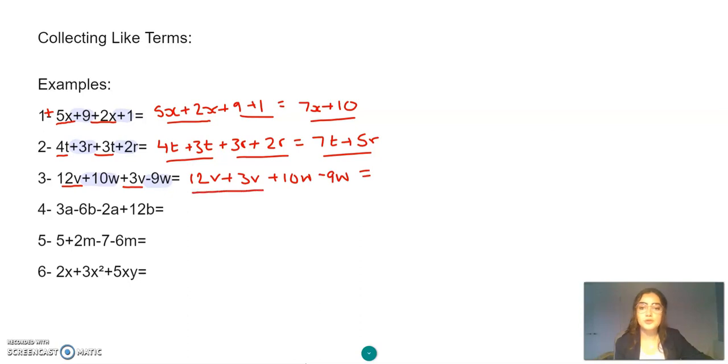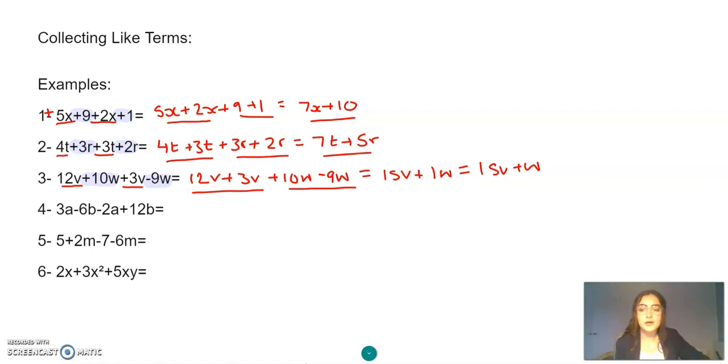So 12v plus 3v leaves us with 15v, and 10w minus 9w leaves us with 1 positive w, or you can write it as just w. It's just a lot easier to not write that 1 there.